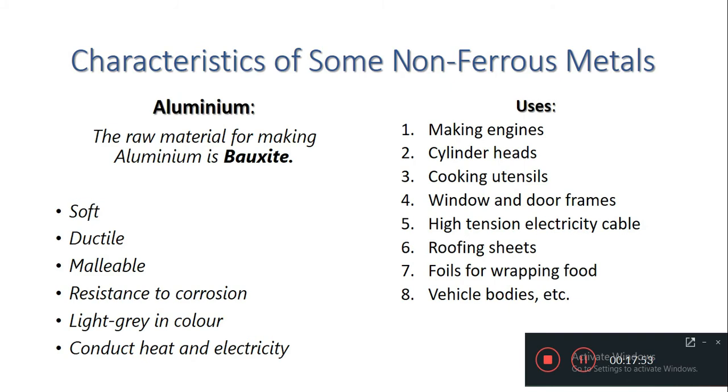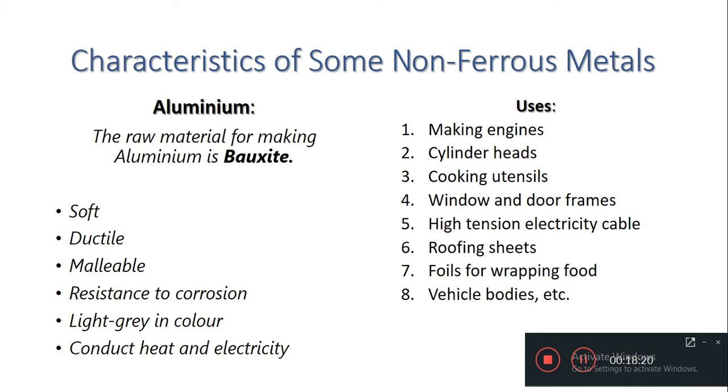Yes. It is also used in making window frames and door frames. So we normally see these men working, using aluminium to create the window and door frames, which we normally describe as sliding windows. The sliding window, the metal around them is made of aluminium.